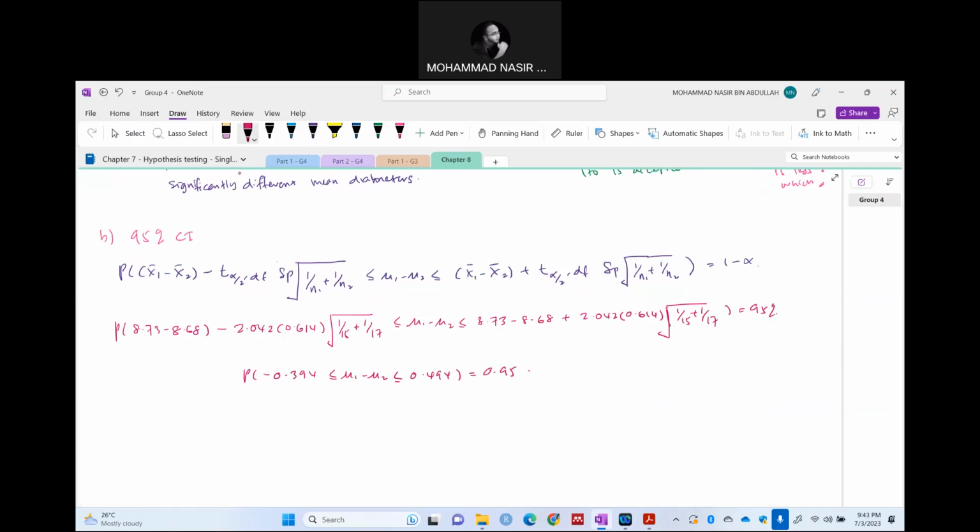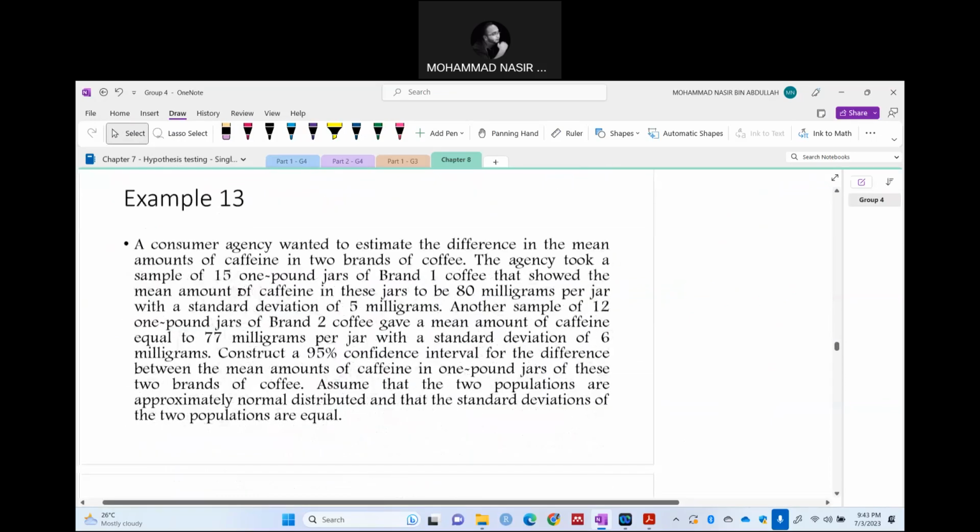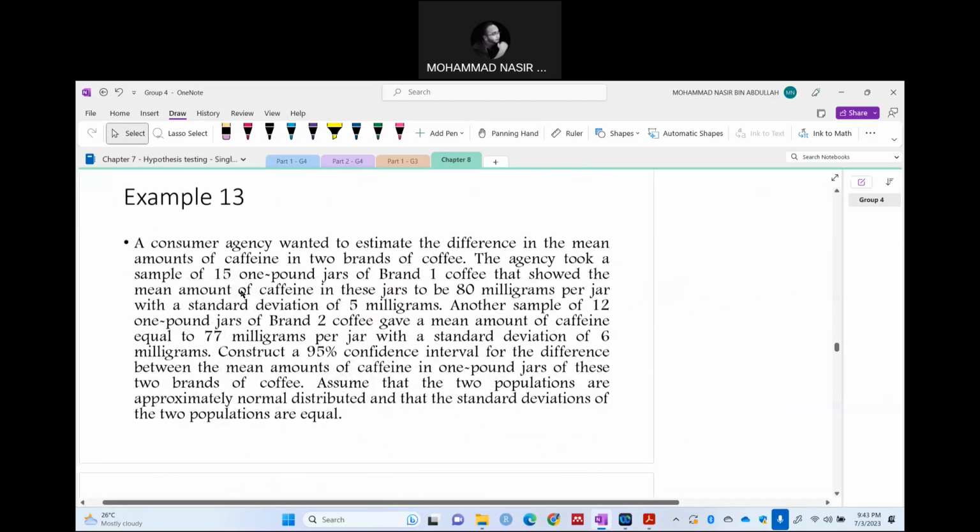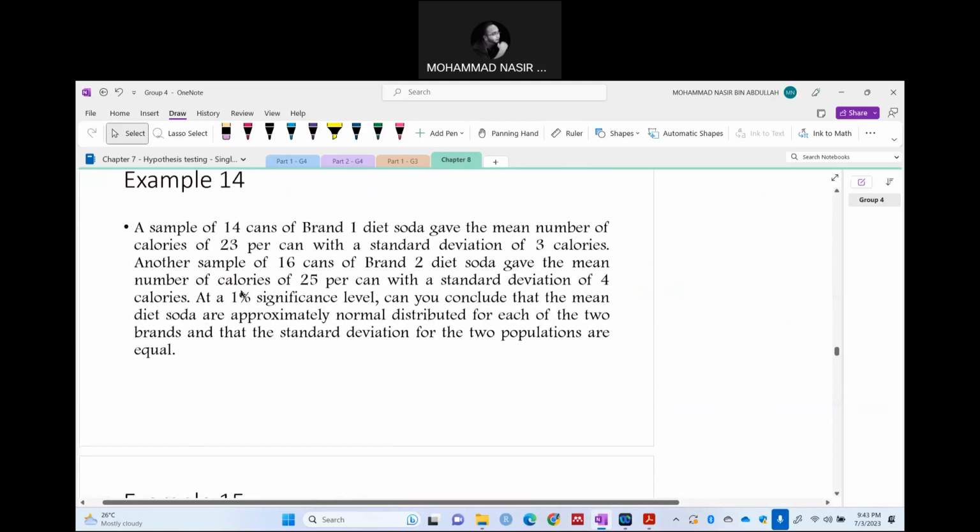Okay. So example number 13. This one is done, right? Example number 13, I just want you to calculate the confidence interval. It's the same concept as previous. Example number 14, I think you can do it by yourself.